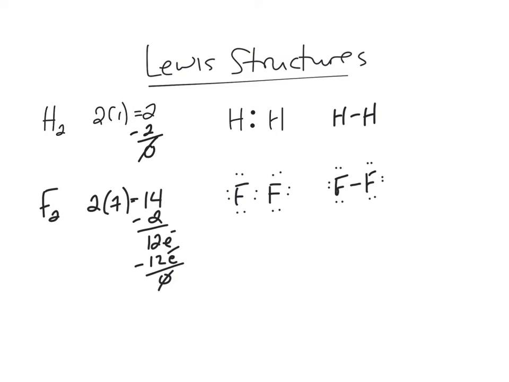So in total, we have used 2, 4, 6, 8, 10, 12, 14. And we had 14. So we did it correctly, and each fluorine is surrounded by 8 valence electrons. So we know that these structures are correct.